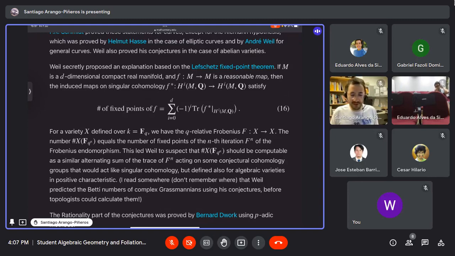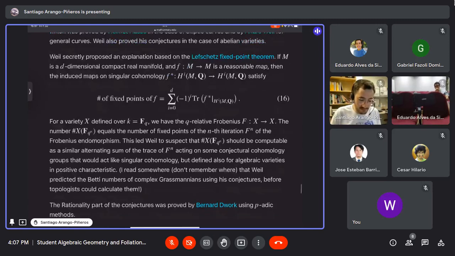So if there existed some cohomology theory, of course not singular cohomology, it's really hard to triangulate some variety over a finite field, but some cohomology theory in which you could have Frobenius acting, then there might exist some Lefschetz fixed point theorem analog in this world over a finite field, and you could get the conjectures via this cohomology theory.